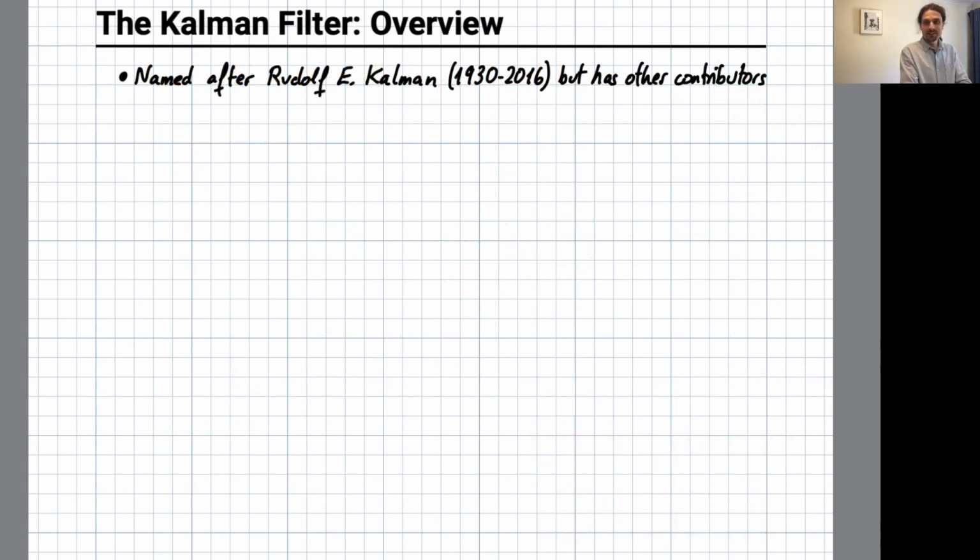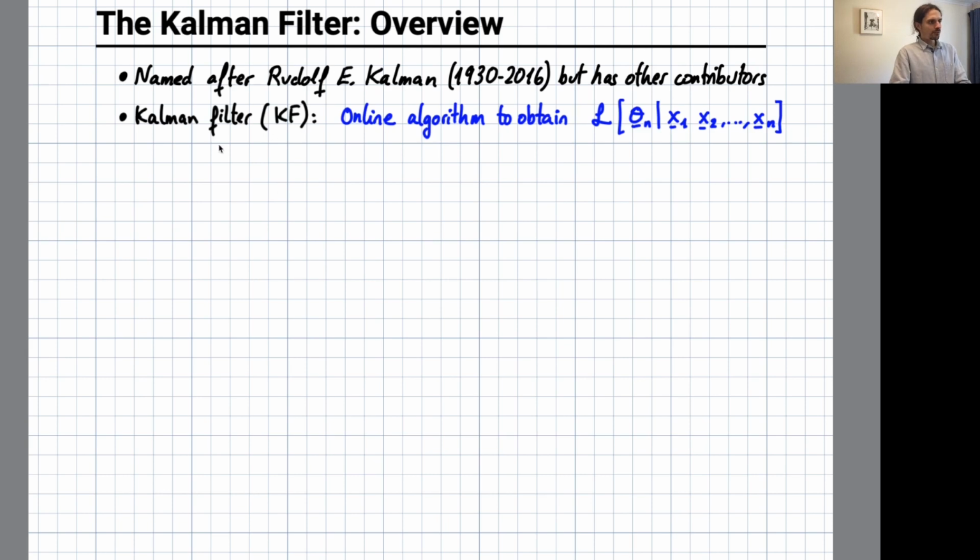Okay, so now that we know how to formulate a state estimation problem, the next logical step is to solve the problem. To that end, we will be studying the Kalman filter, which is named after this gentleman, although other people have contributed to it. The Kalman filter is an online algorithm to obtain the LMMSE estimate of the state at time n, given all the data up to time n.